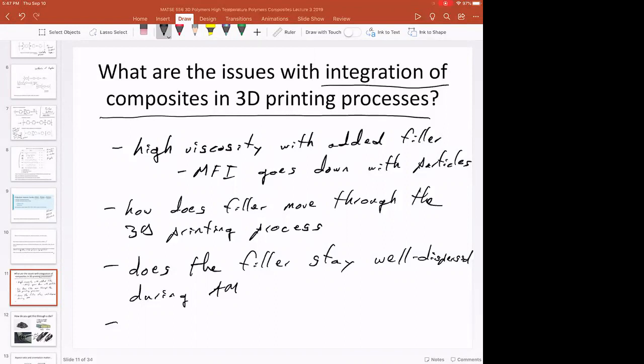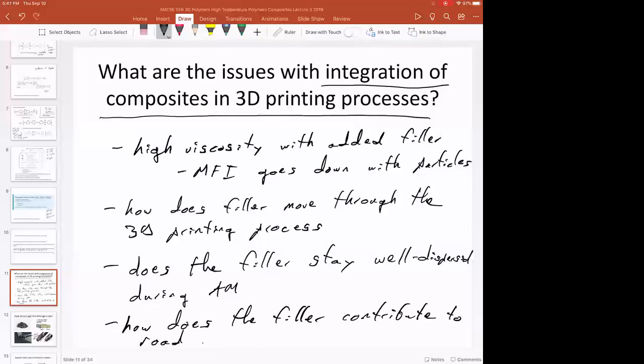One other one that I'll put in here is how does the filler contribute to road adhesion and anisotropy?